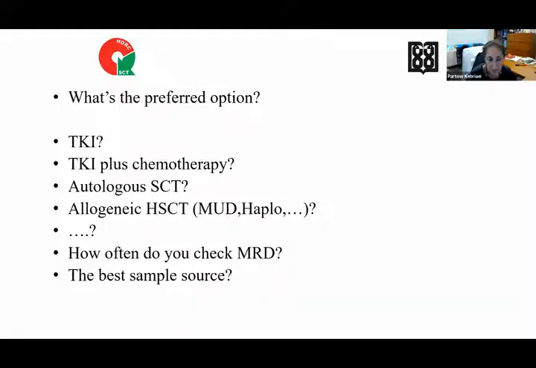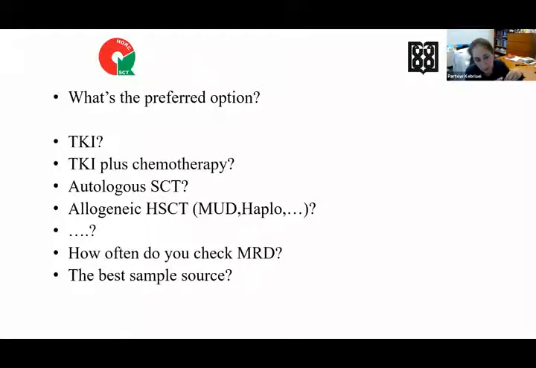And so I think for sure when we talk about alternative donors, so if we don't have a matched donor, haplo versus cord, I think in my mind now it's very easy to say haplo.